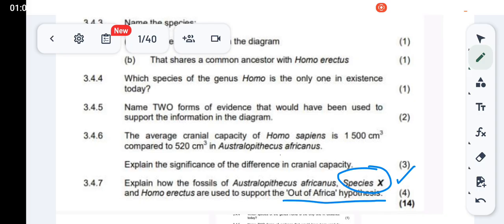Then they said species X. Species X, that is Homo habilis. That's why the second point says the fossils of Homo habilis are found in Africa only. Then for Homo erectus, we said the oldest fossils of Homo erectus were found in Africa. Then we conclude by saying, indicating that humans originated in Africa and migrated out of Africa. And that is 4 marks.